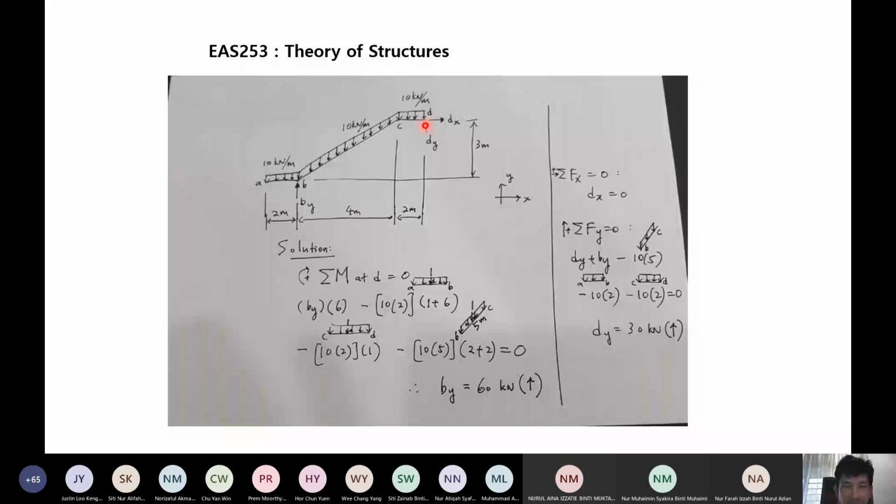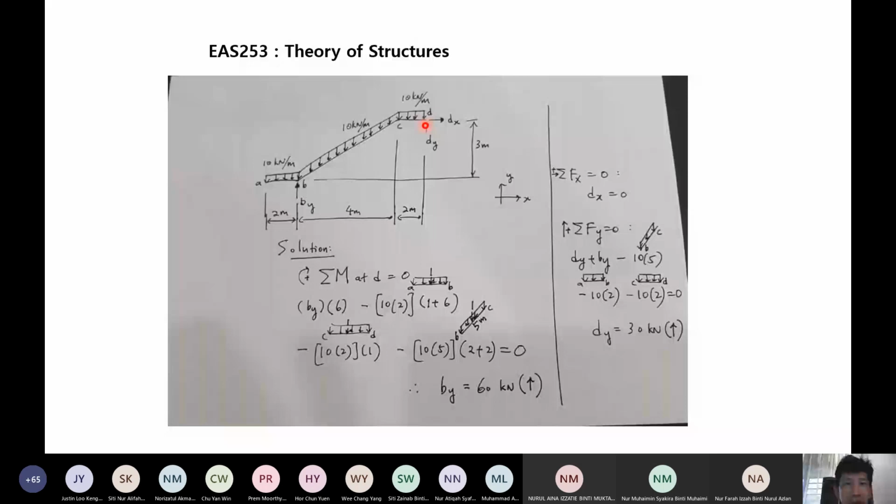I'm showing you here the values and where each one is coming from. So minus 10 by 2 is the equivalent force of this AB part, and then the perpendicular distance to point D will be 2 over 2 because it acts at the middle, plus 6.